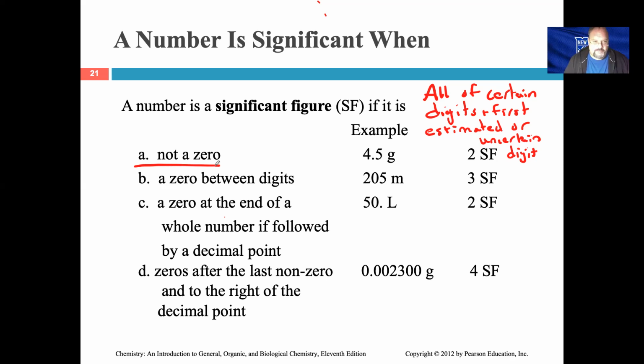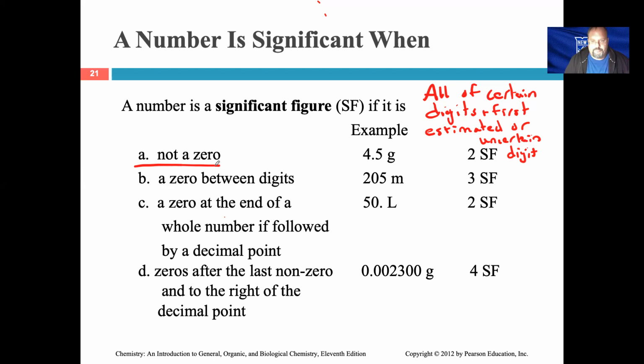Letter C, a zero at the end of a whole number if followed by a decimal point. In a measured number, whether the decimal point is written or not is important, and we'll get into the specifics of the difference in a few moments. But if you have a whole number and there's a decimal point there, and you have zeros after the last non-zero digit, those zeros are going to be significant.